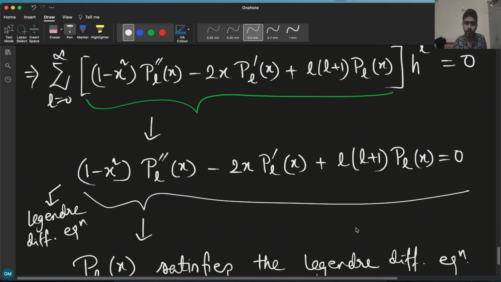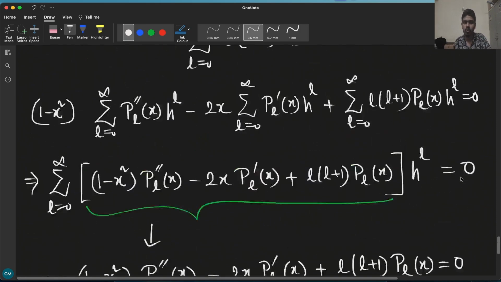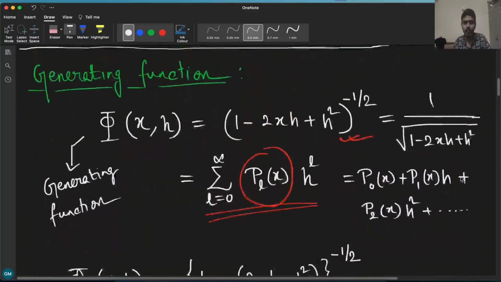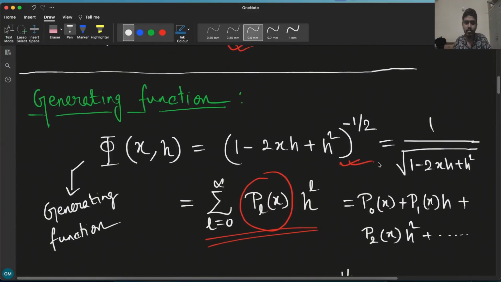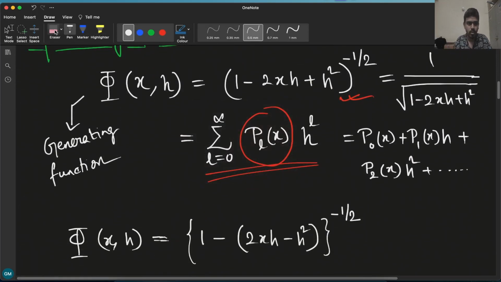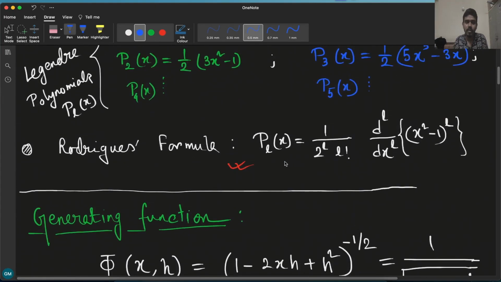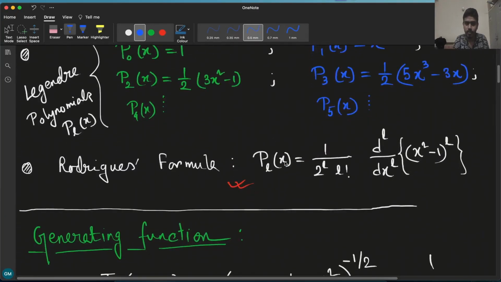PL of x satisfies the Legendre differential equation and PL of 1 equals 1. So what we have shown is that whatever this generating function is generating here is indeed the Legendre polynomials that we already got by solving the Legendre differential equation as well as the Rodrigues formula.